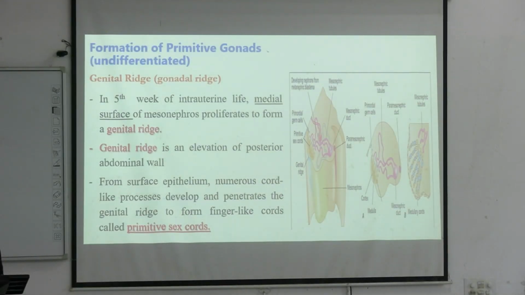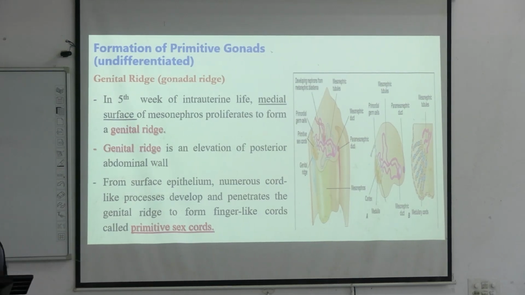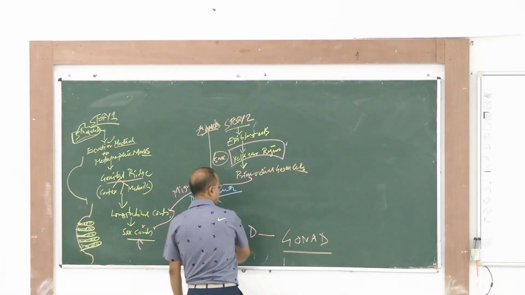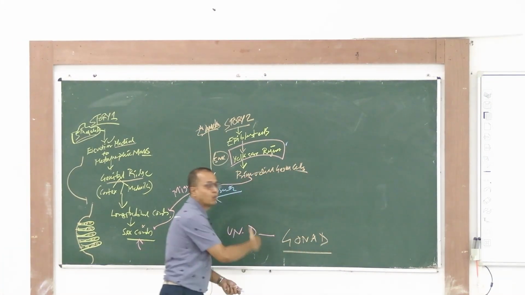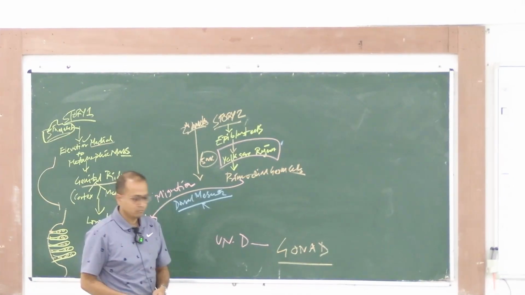Now, then comes the next story, story number 3. Once we have this undifferentiated gonad, then comes the story of what this gonad wants to be and tries to be or is going to be.